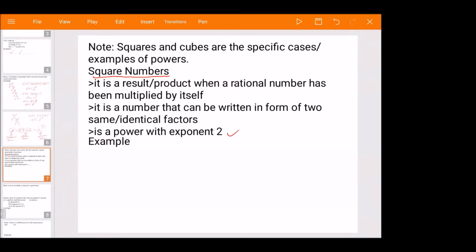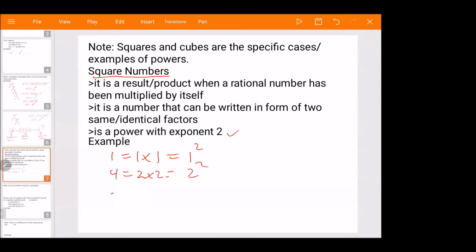Based on your text, the first square number is 1. 1 is a square number. Why? Because 1 can be written as 1 times 1, or as 1 to the power of 2. The second square number is 4. 4 can be written as 2 times 2, or 2 to the power of 2. So 4 is a square number.